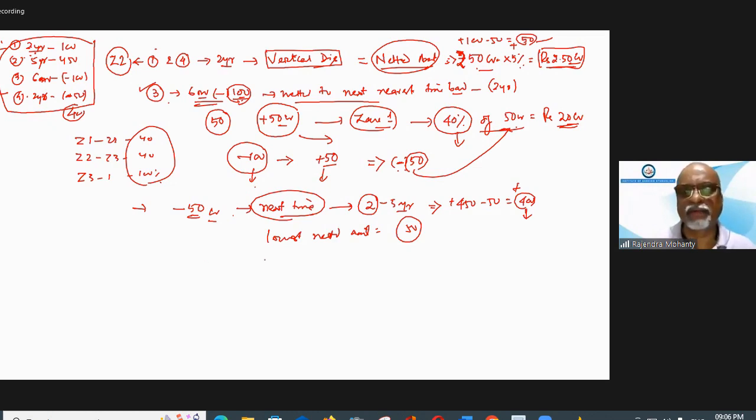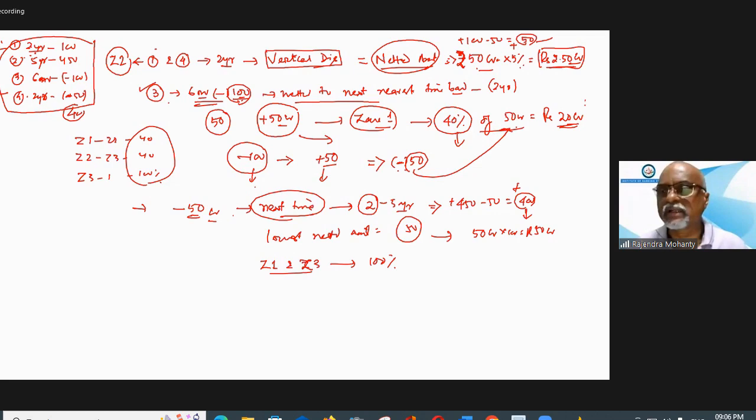So it is happening between zone 1 and zone 3. If it is happening between zone 1 and zone 3, what is the disallowance? 100%. That means 50 crore into 100% equals 50 crore.